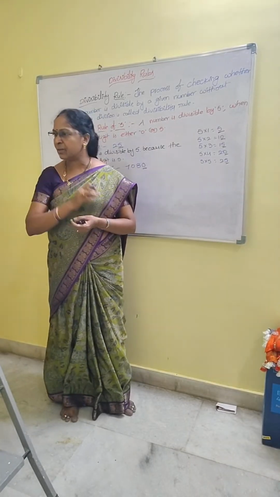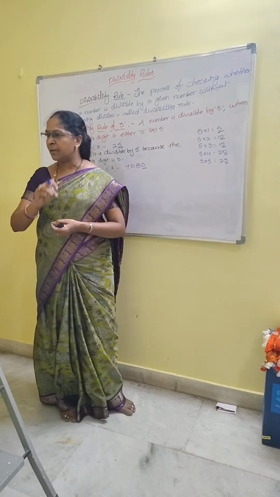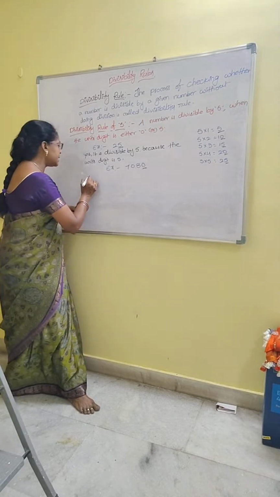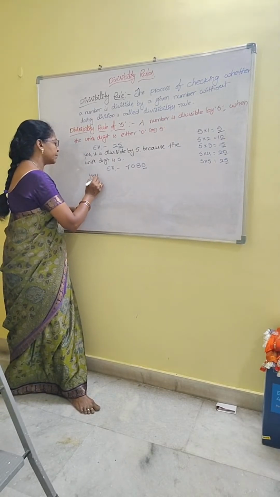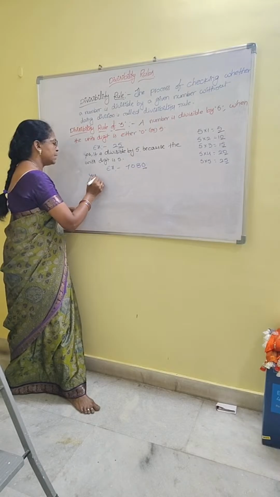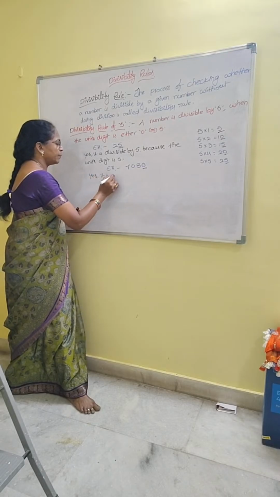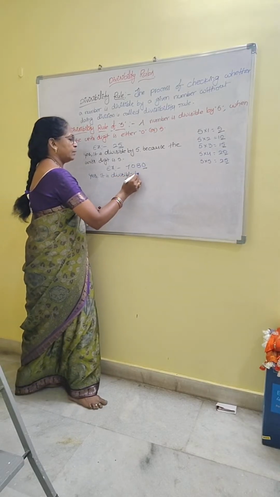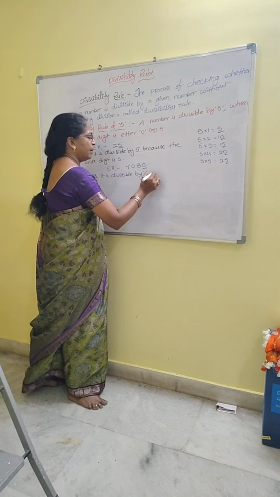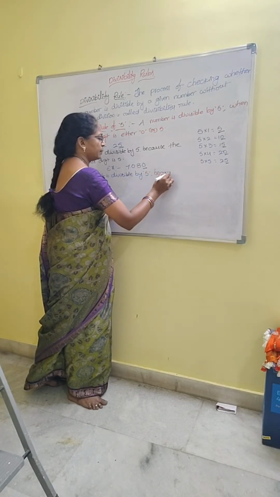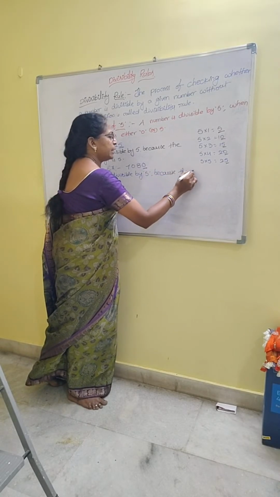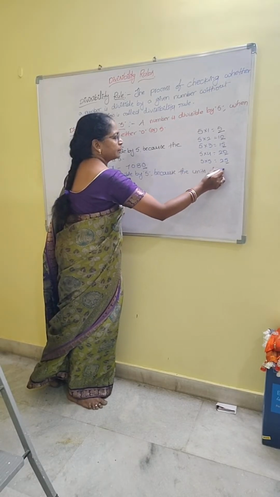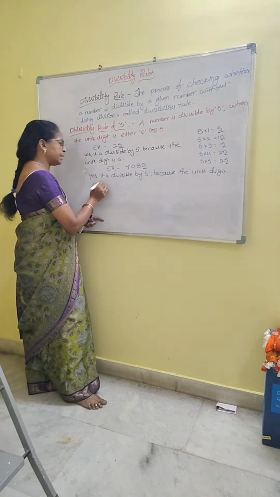Then immediately you can say whether it is divisible by 5 or not. Yes, it is divisible by 5, because the unit digit is 0.